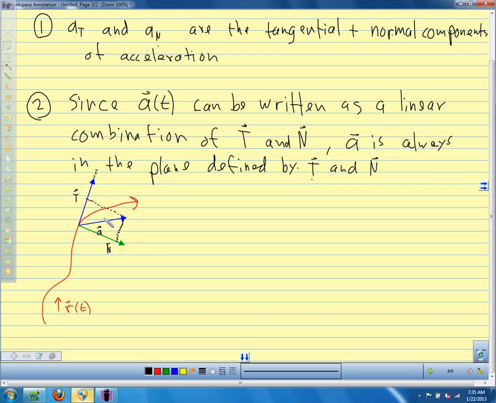Well, since T and N are unit vectors, this length here is a dot T, and this length here is a dot N.